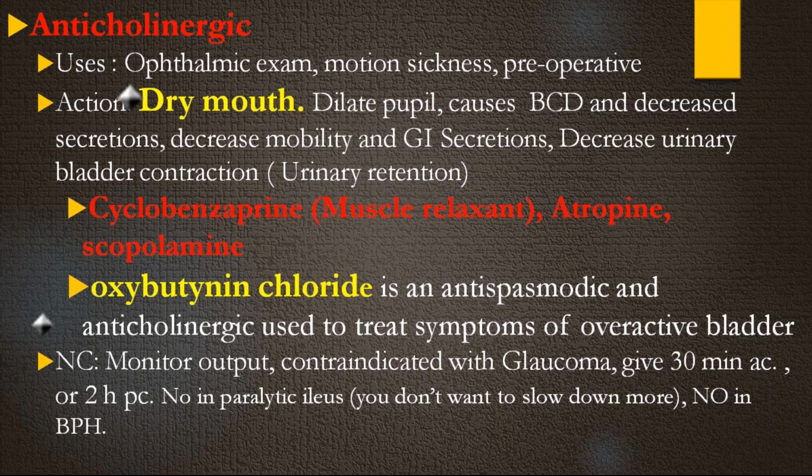In addition, we have the cholinergic effect, which is everything that is wet. And please remember, the cholinergic effect can decrease the heart rate. So anticholinergic is going to do the opposite: it is going to increase the number of heartbeats per minute.